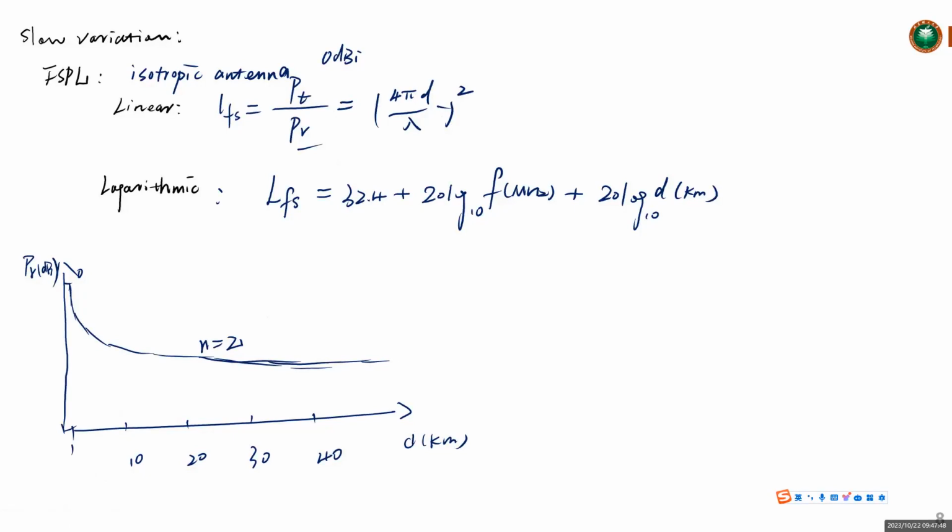Actually, it decays much deeper, like this, with n equals 4 in actual experiments.